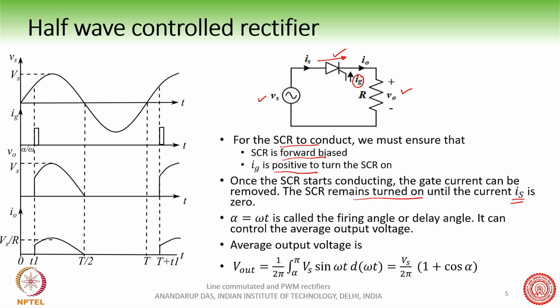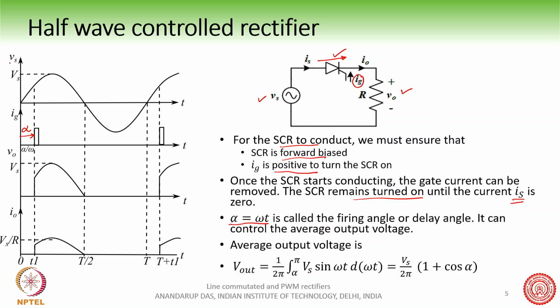Now if you see the waveform, when you fire the SCR, we use the term firing angle, which we denote by the letter alpha, also called the firing angle or delay angle. This is alpha here. This is where the gate pulse to the SCR is given.